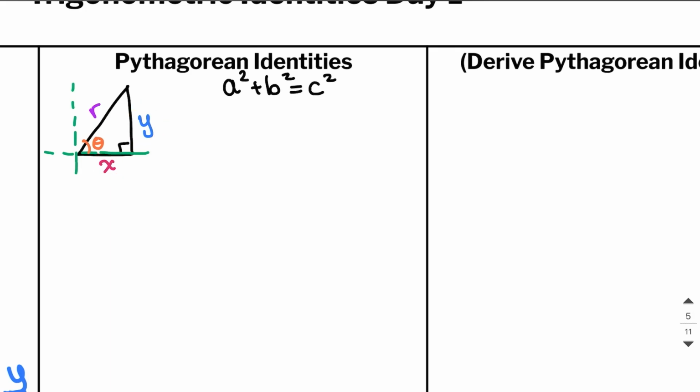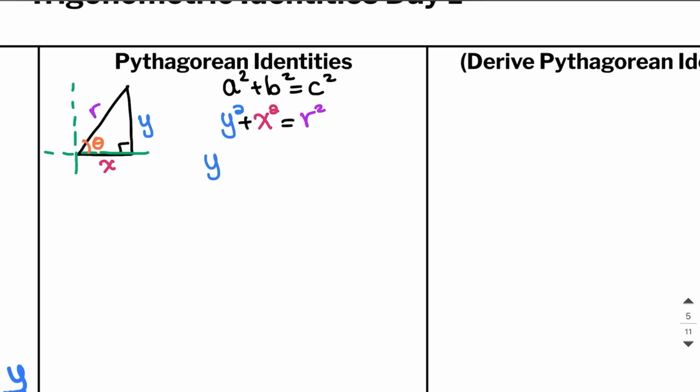So I'm going to say y squared plus x squared is equal to, and instead of the c value, we can say that the c value is going to be the radius. So this is going to be equal to r squared. We're still doing the Pythagorean theorem. Nothing's changing. Now I'm just going to divide everything through by this r squared.